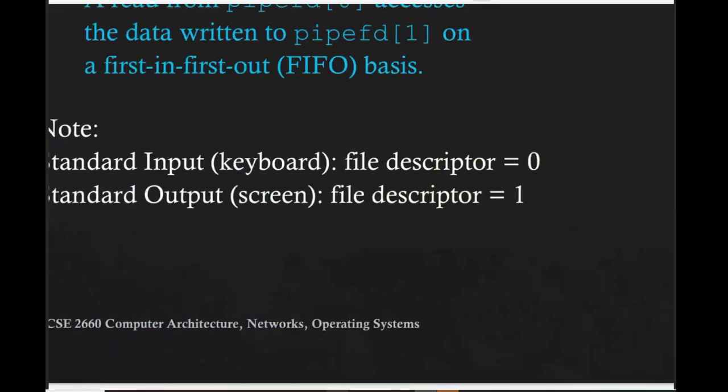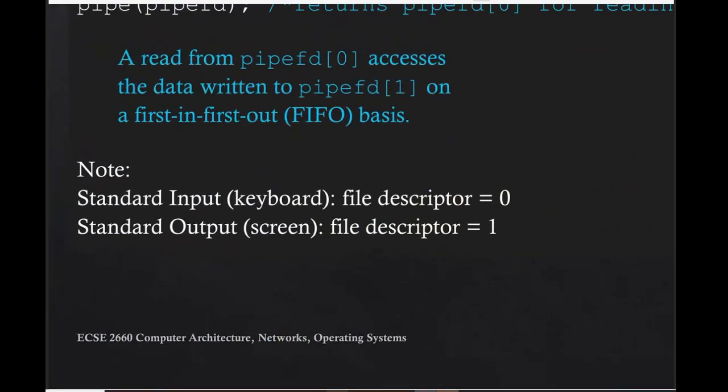Also note that a computer system has a standard input and a standard output. For standard input, such as a keyboard, any process that is trying to read information sent by a keyboard uses the file descriptor 0. The file descriptor itself is 0, it's not the 0th element of the file descriptor array.